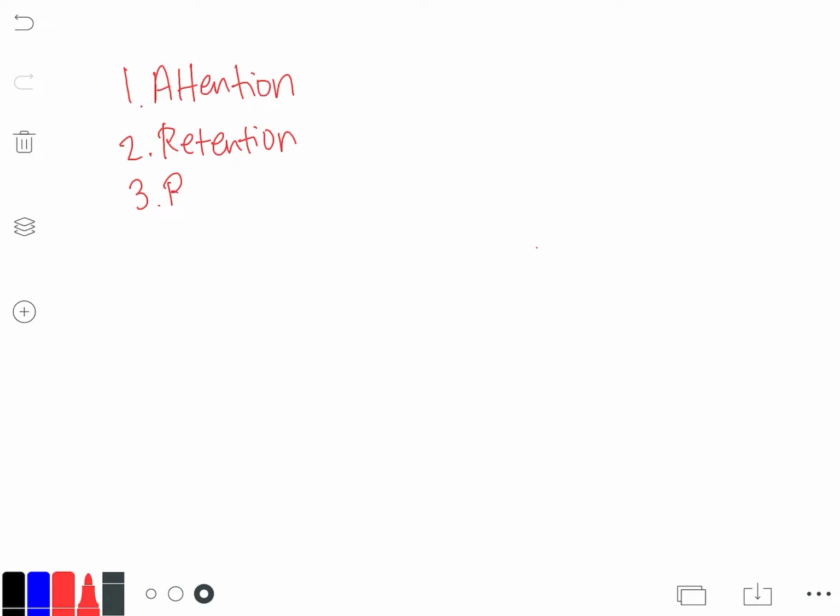Number 3 is reproduction. This means that the individual produces an action that is a copy of what was noticed. So they're imitating the behavior. They've retained it, and they transform that mental representation into an action that can be performed.